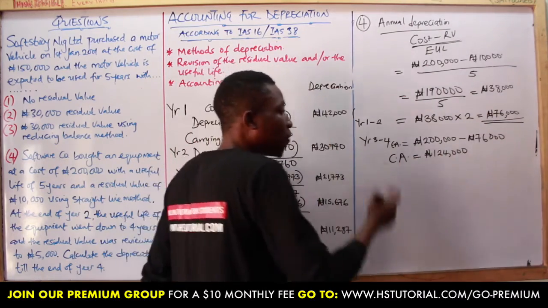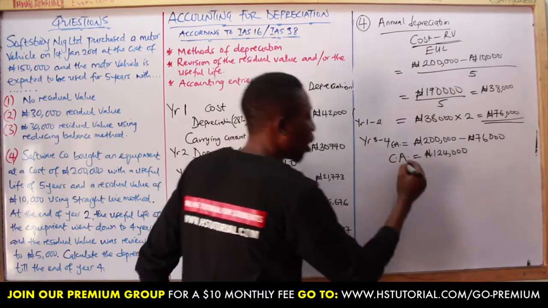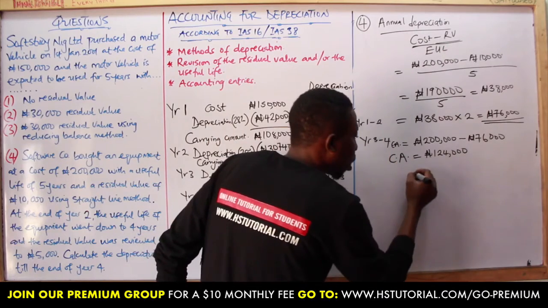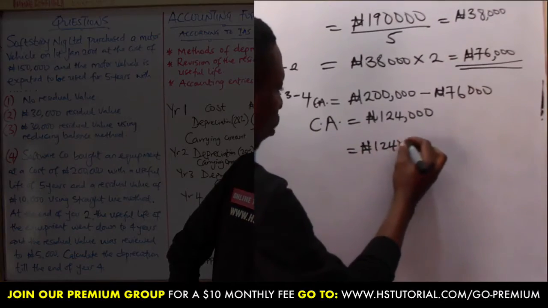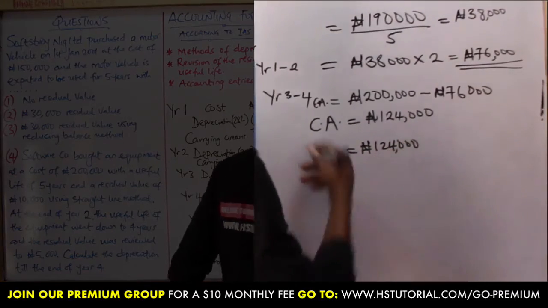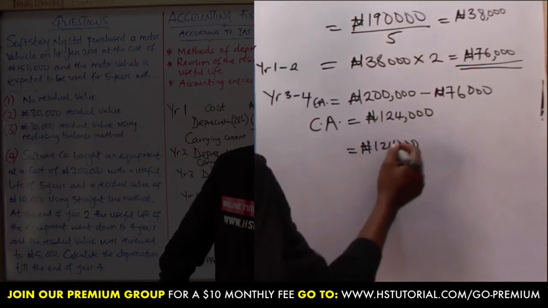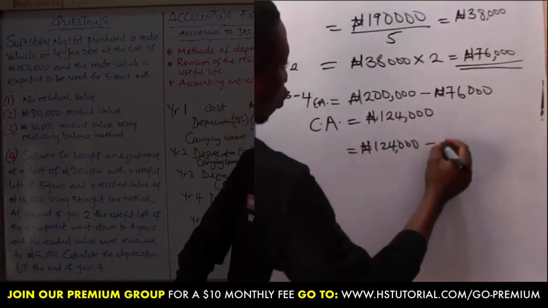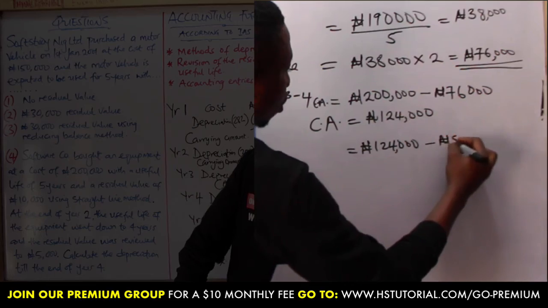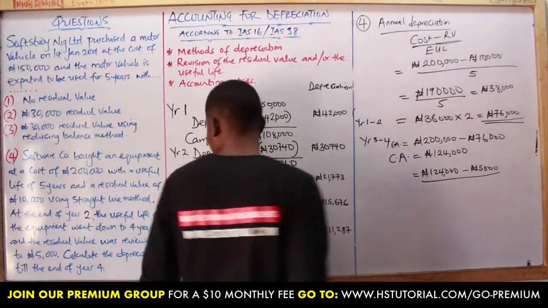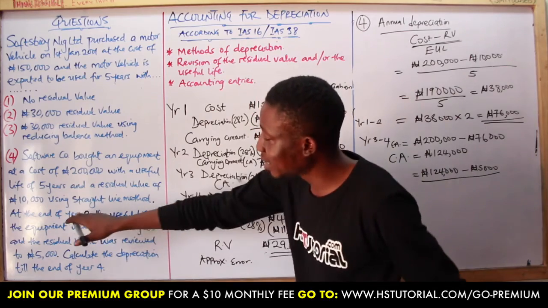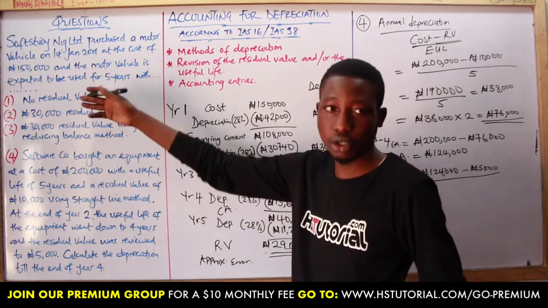They said instead of applying 10,000 naira, apply 5,000 naira. So you review the formula again: 124,000 naira minus 5,000 naira, all over the remaining years. How many years are remaining after you have exhausted your 2 years?